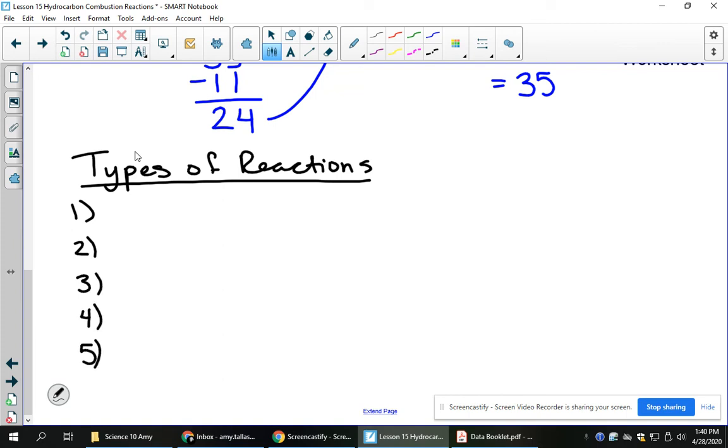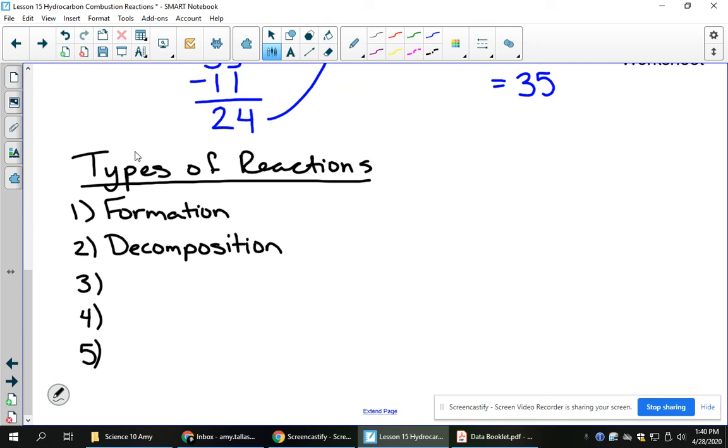And we'll talk about what you're looking to determine if it's that type of reaction. The first 2 that we did, and I did 2 together on purpose, is formation and decomposition. We did these together on purpose because they're complete opposites of each other.